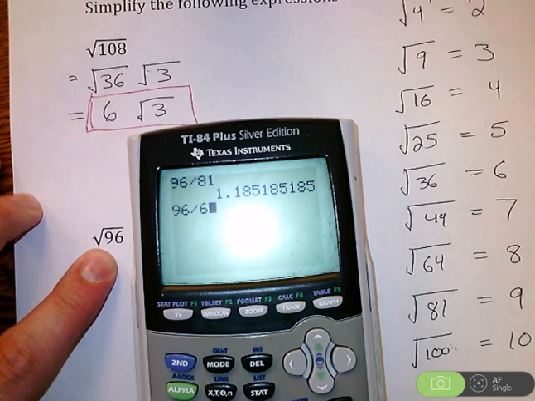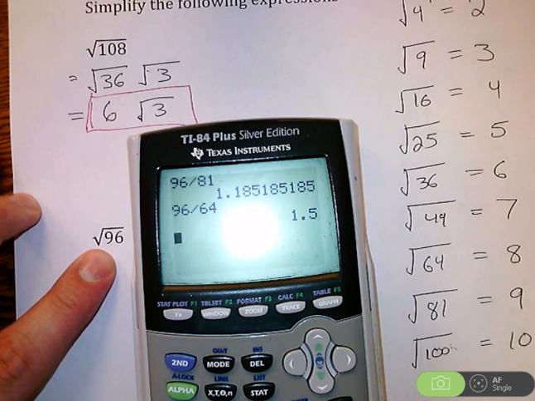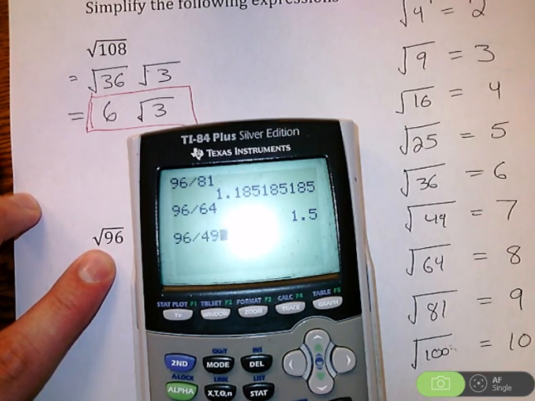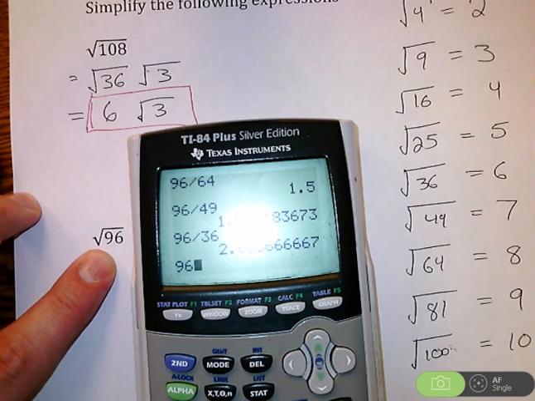Like 96 divided by 64, I know it's not going to work, but I'm showing the theory. Maybe 49? 96 divided by 49, nope, still nothing. 96 divided by 36, nothing. 96 divided by 25, I know that's not going to work, but there it is.